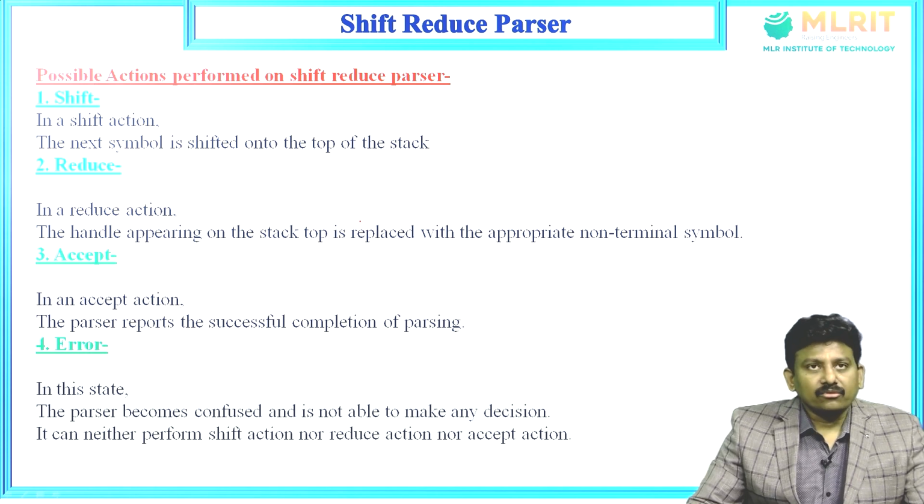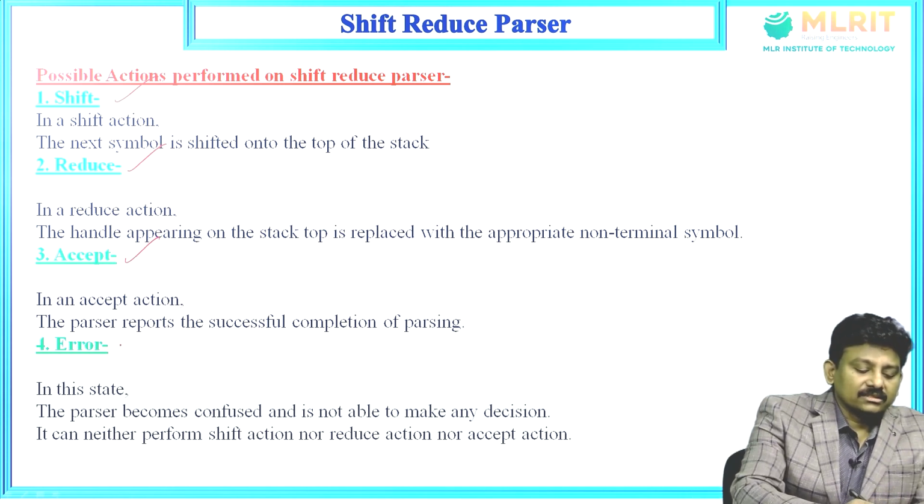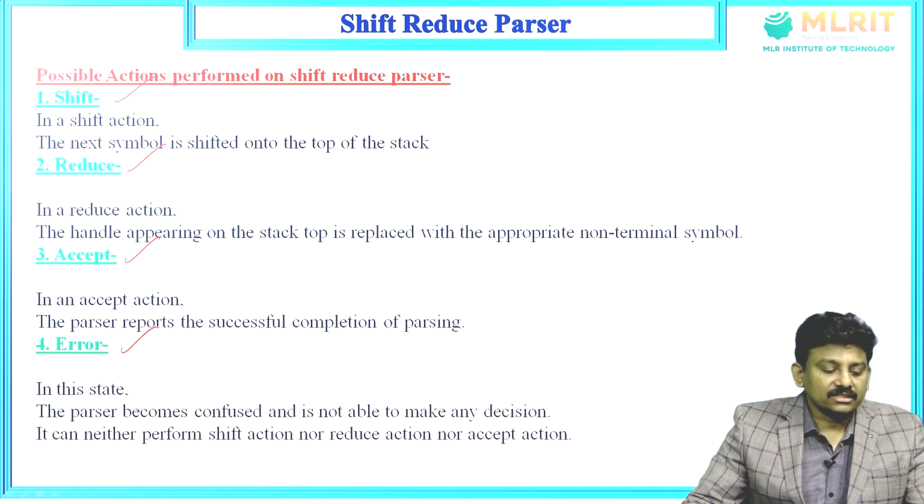Possible actions performed by the shift reduce parser: four actions will be performed. Shift action, reduce action, accept action, error action. In shift action, the next symbol is shifted onto the top of the stack. Next symbol means the current symbol on the tape, which is moved onto the stack. In a reduce action, the handle that appears on the top of the stack is replaced with the appropriate non-terminal symbol.